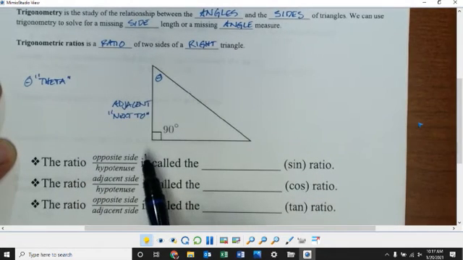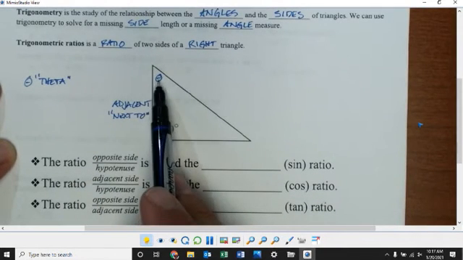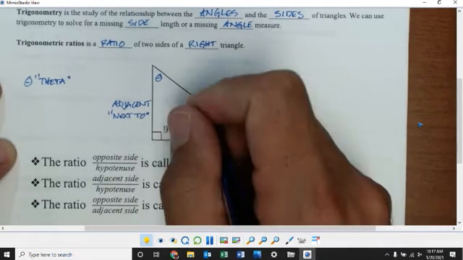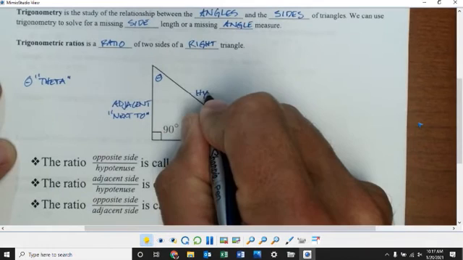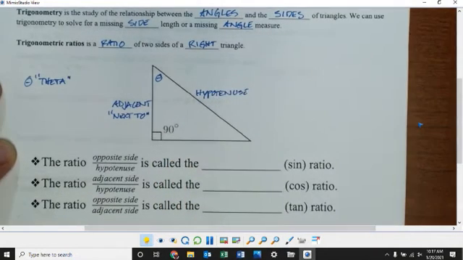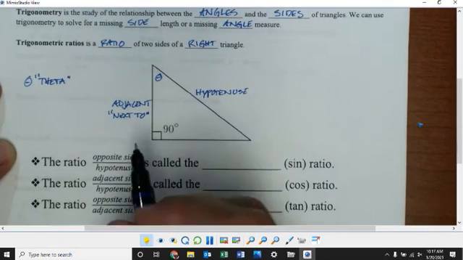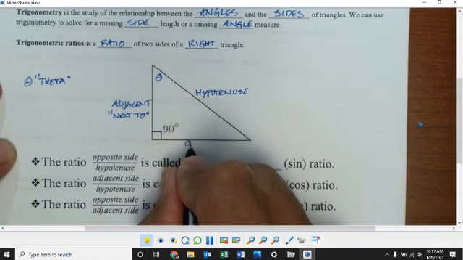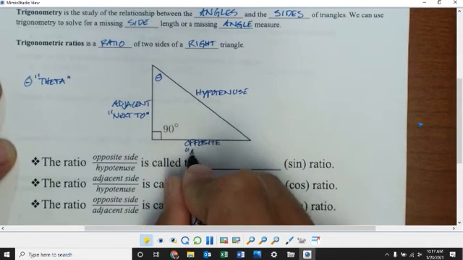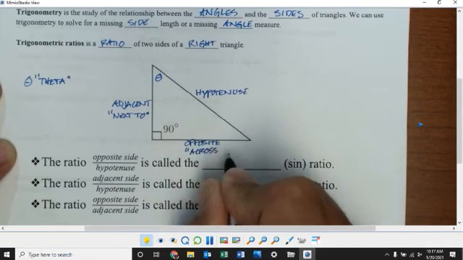So this is the side of the angle that is adjacent to angle theta. It is next to it. We have, of course, over here the hypotenuse, which is defined as the longest side. And then we have the opposite side. All right? And opposite in triangles is across from.